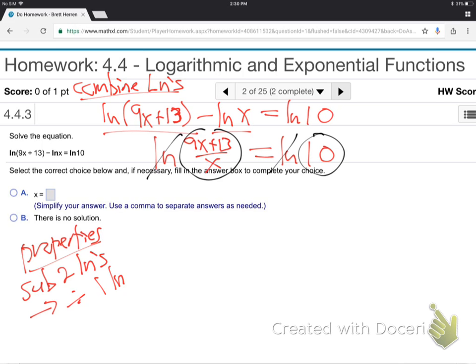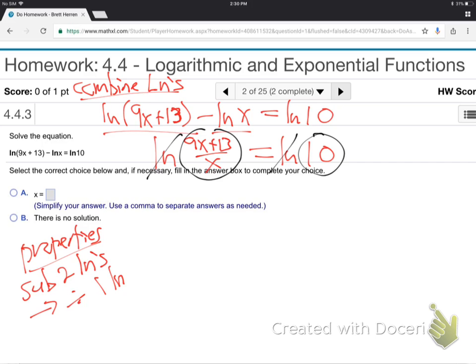How are we doing? Am I making any sense? What I did is I made the two logs on one side become one log, and then dropped them.